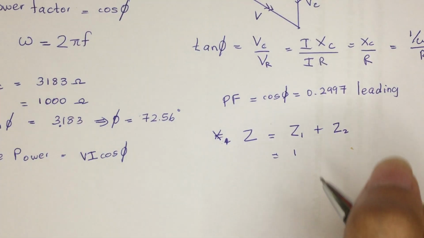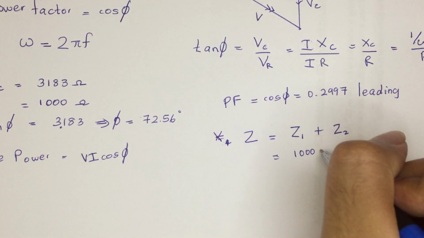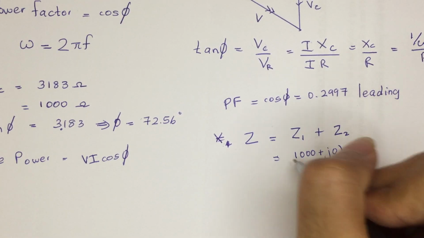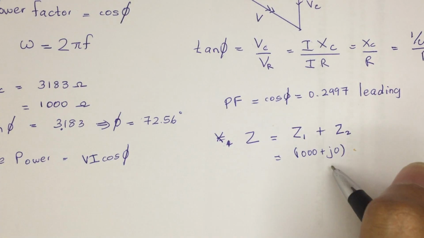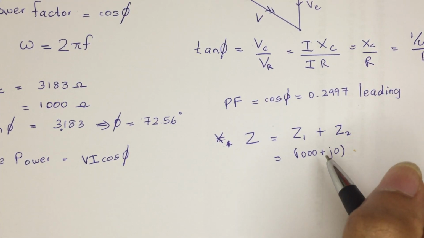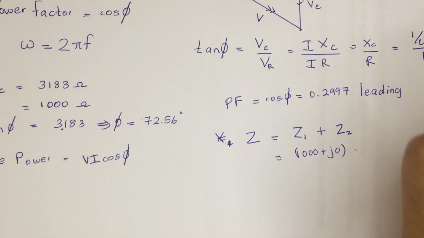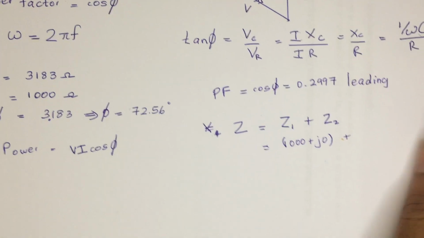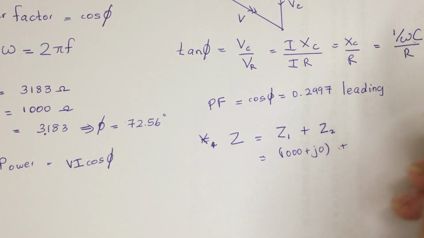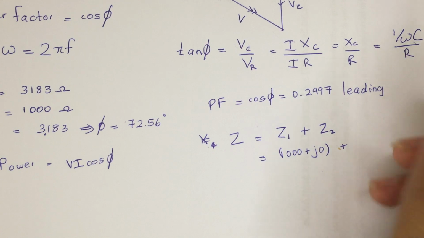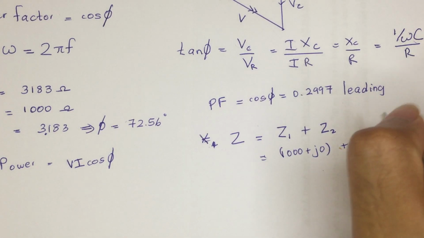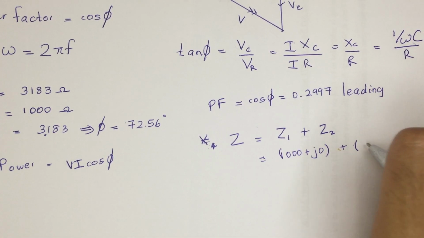So we can directly write it as 1000 plus j0. If you want to introduce the complex number part, you can directly write that the reactive part of that impedance would be 0. Likewise, you can directly write for Z2. We figured out the value of 1 over omega C, which is XC, which is 3183. So I'm going to use that.